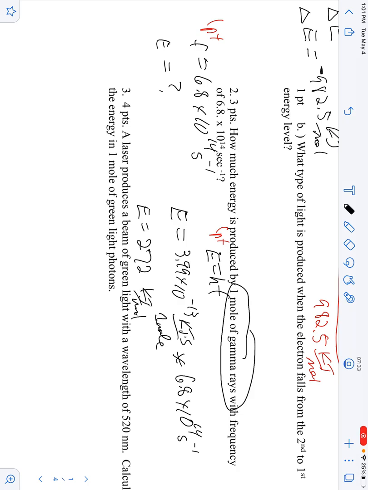So I've got 2 sig figs here, so I should round my answer to 2 sig figs, so it should be 270 kilojoules per mole.